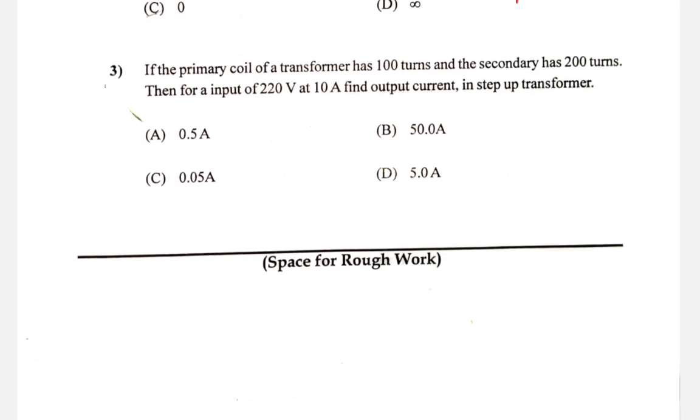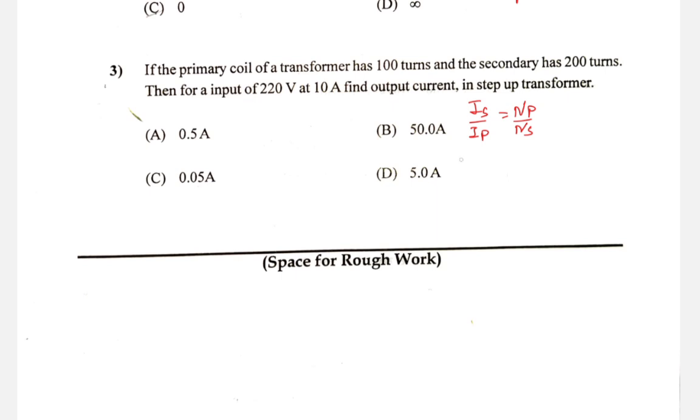In question 3, the primary coil of a transformer has 100 turns and the secondary coil has 200 turns, with an input of 220 volt at 10 ampere. Find out the current in the step up transformer. We know for a transformer IS divided by IP is equal to NP divided by NS.